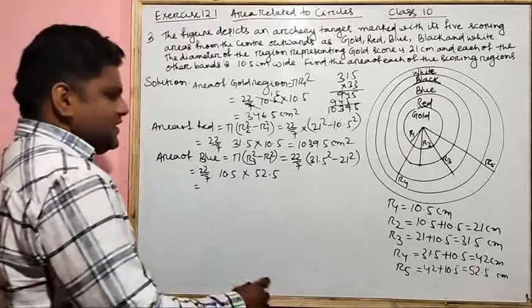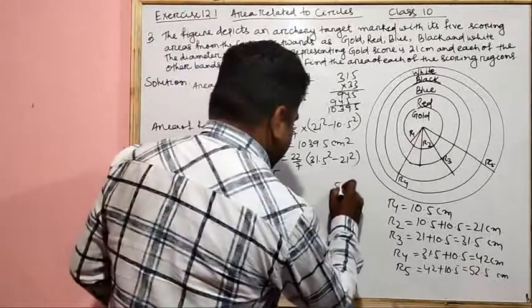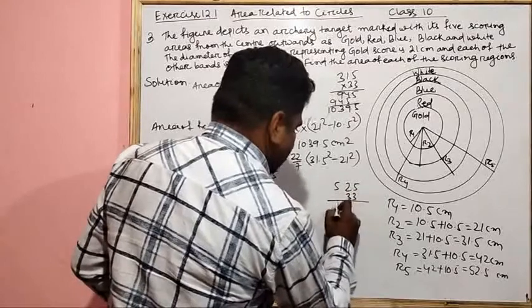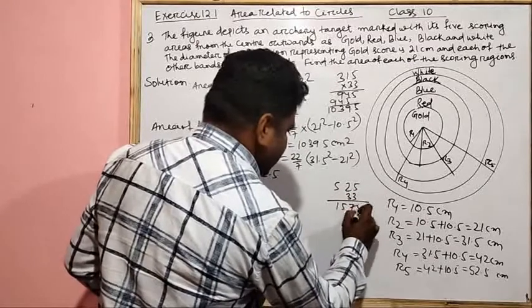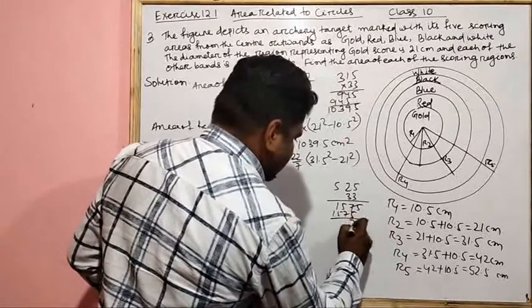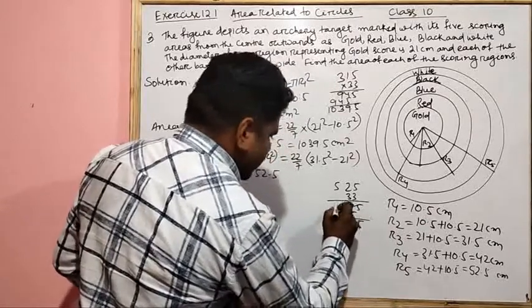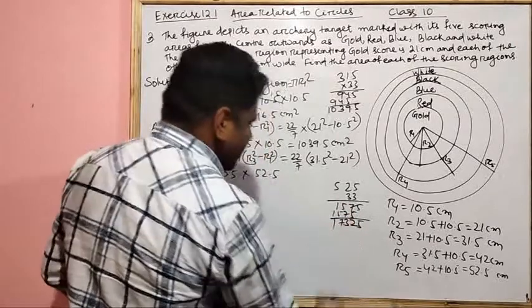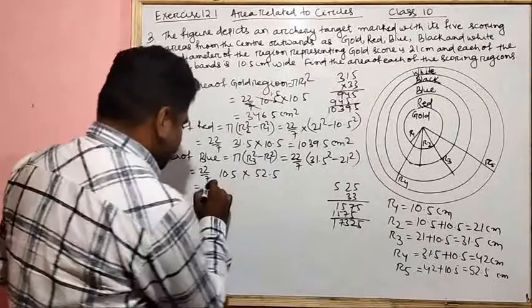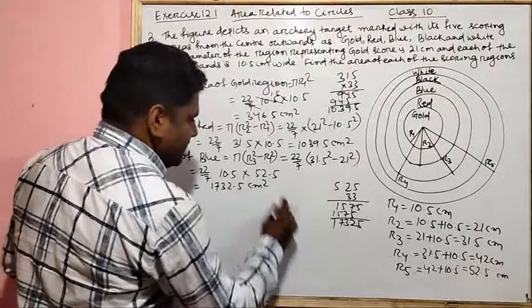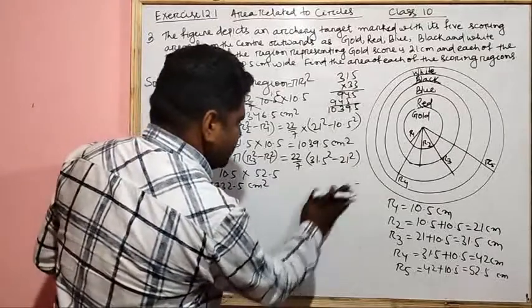Now we have to calculate 52.5 into 33. It will be 1732.5 cm square.